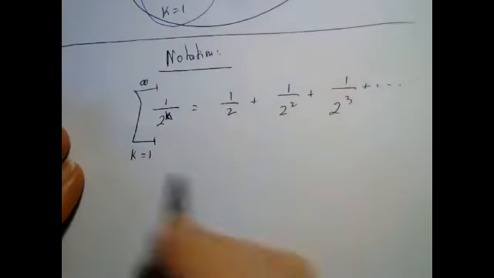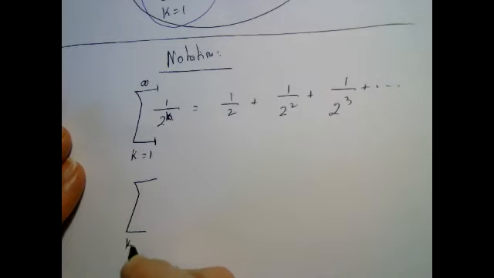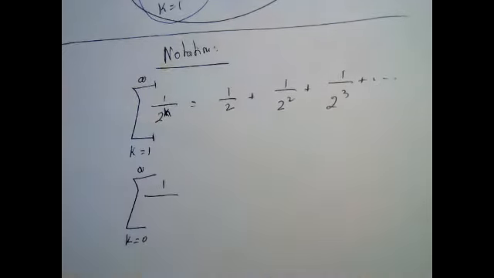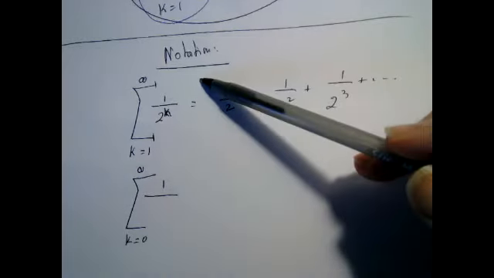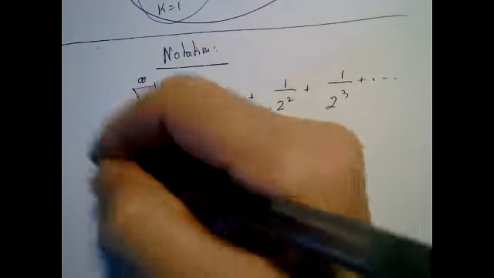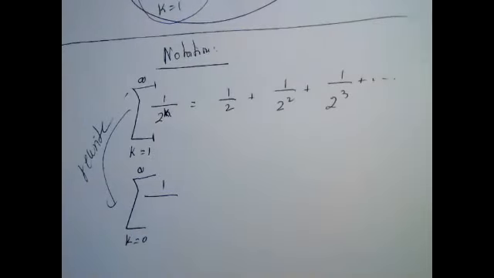Now, this could also be written, suppose I want to write it from 0 to infinity. What shall I do? The k doesn't have to start from 1 to infinity. It can start from 0 to infinity. So if I rewrite it, I start from 0 to infinity. Who can rewrite it?